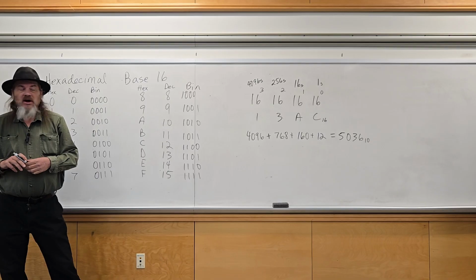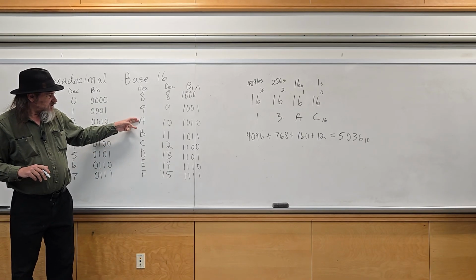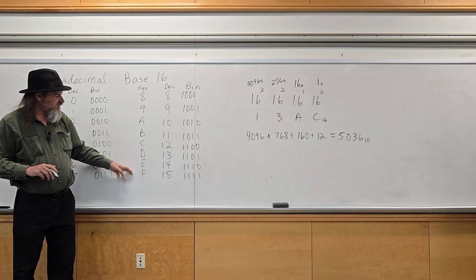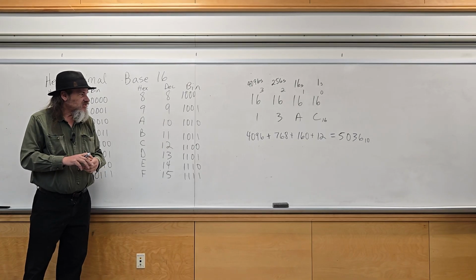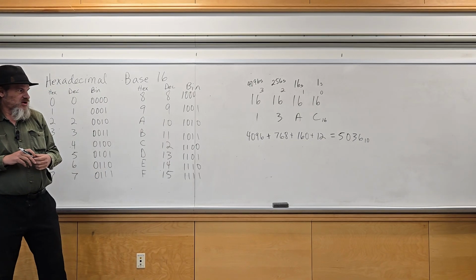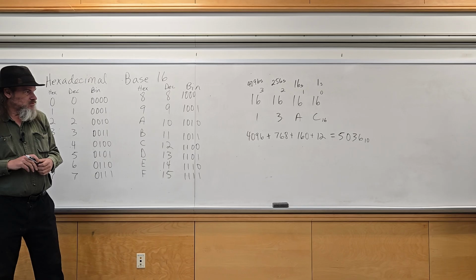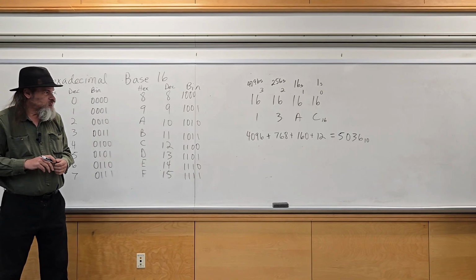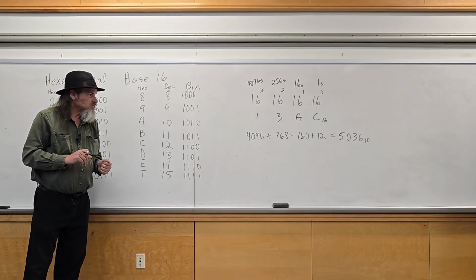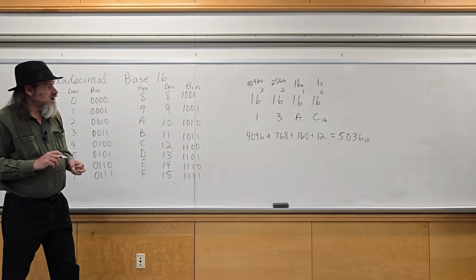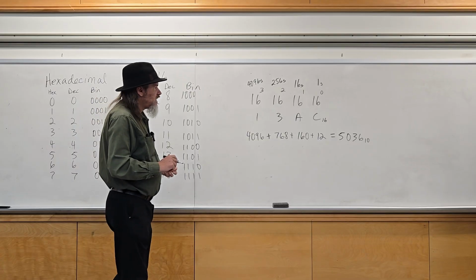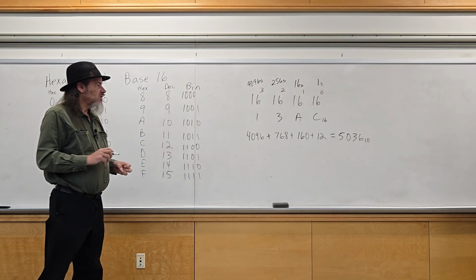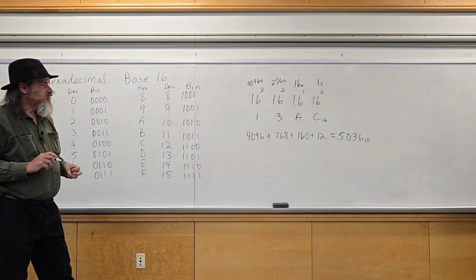It's just you have to remember what the A, B, C, D, E, and F represent as far as decimal values. So you get quite large numbers quite quickly.